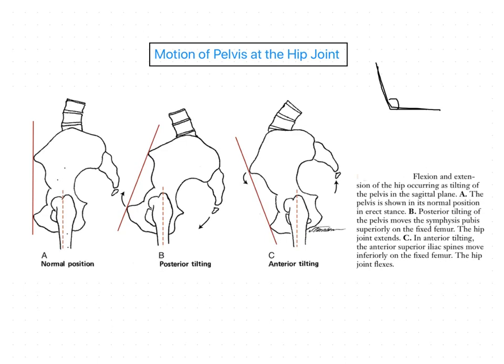Here the terms are different for the pelvis because we are observing the movements of the pelvis on a fixed femur. For that reason we are seeing the movements taking place in the pelvis, so the terms are given to the pelvis.